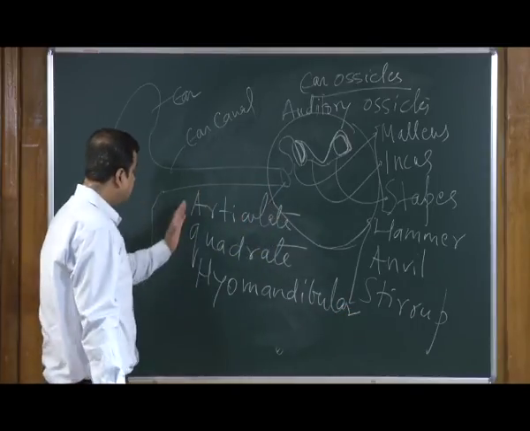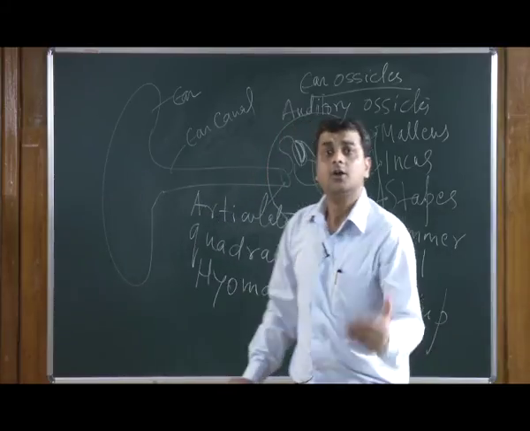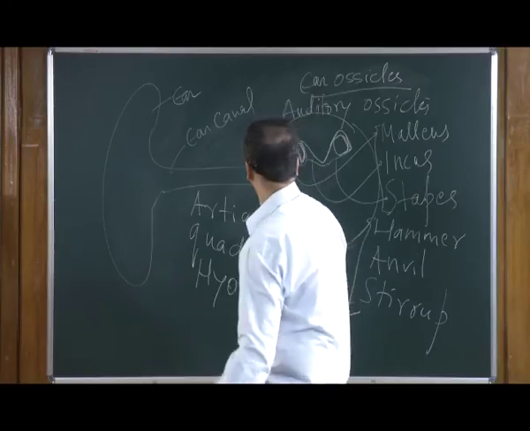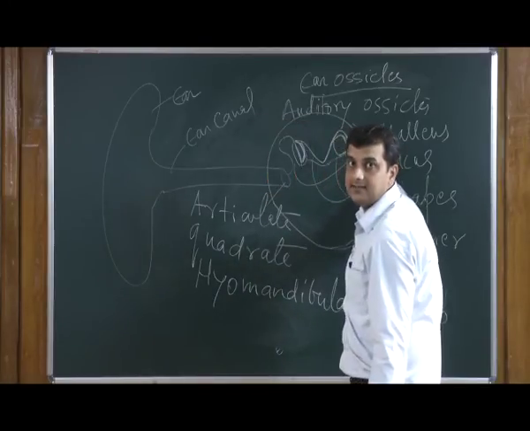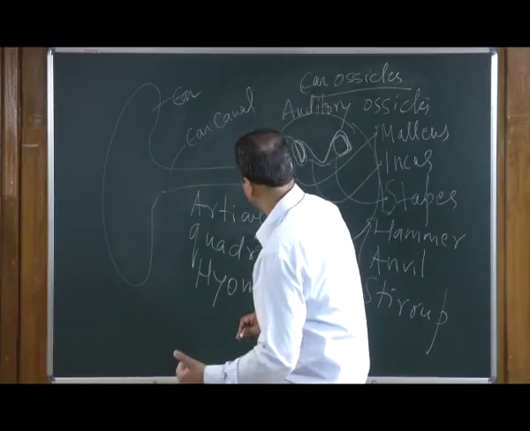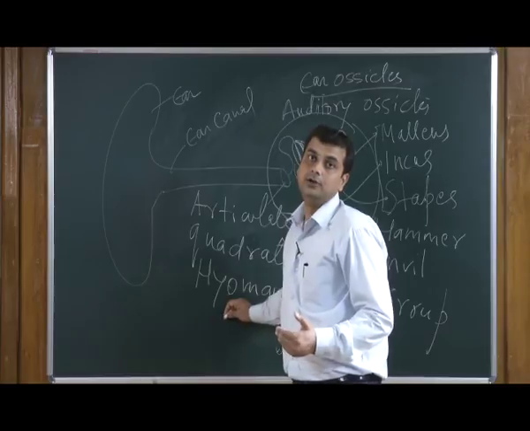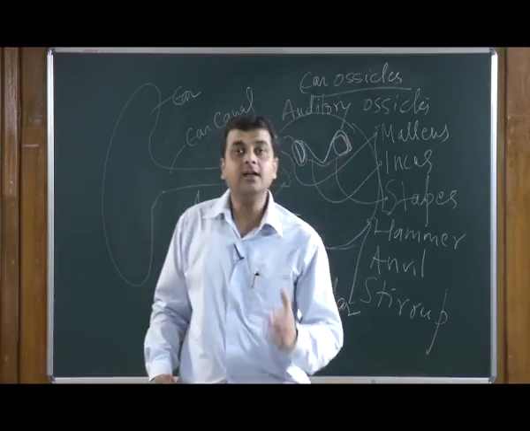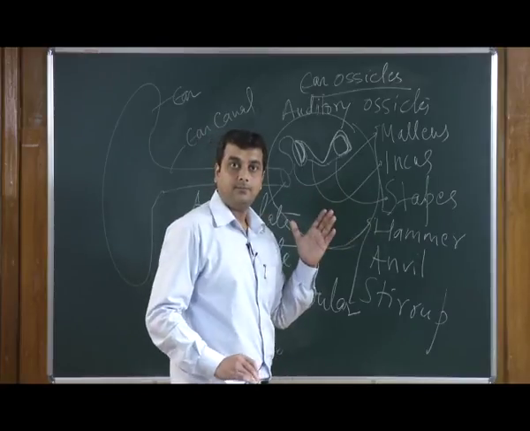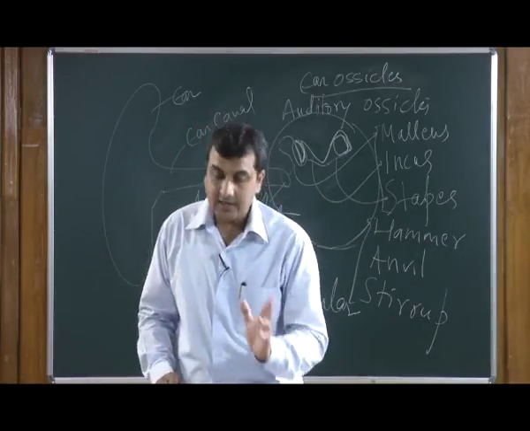Now, these 3 bony structures were present in our ancestors and got modified in due course of evolution. Now we have 3 bony structures, malleus, incus and stapes, but in our ancestors they were articular, quadrate and hyomandibular. So, these are the 3 ancestor bones, and the other 3 bones we have right now are the evolution of those 3 bony structures.